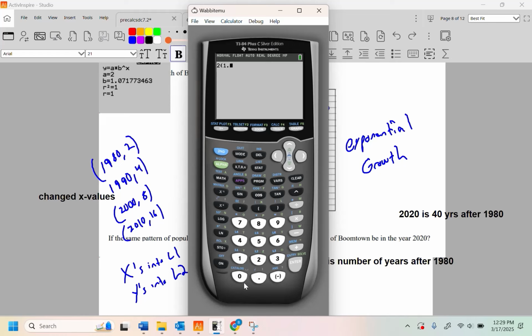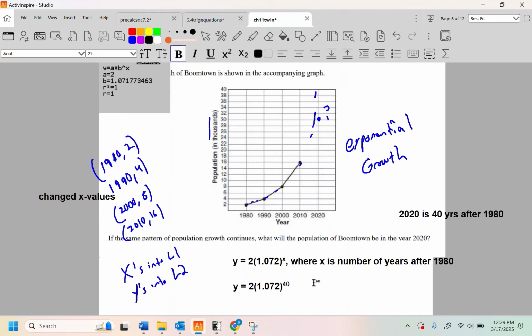The more decimals you keep, the more accurate your result; depending on how you round depends on your answer. 32.272, and that's in thousands. The reason I went out 3 decimal places is so I could say 32,272 citizens. And I got pretty close.